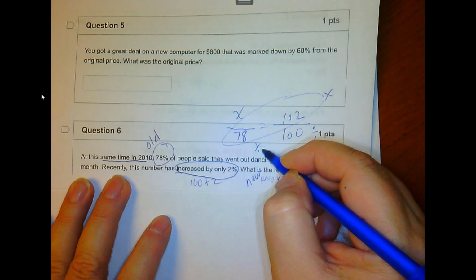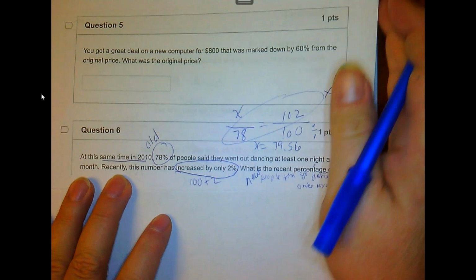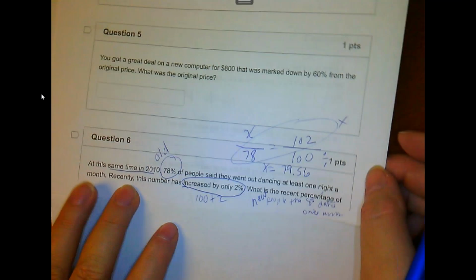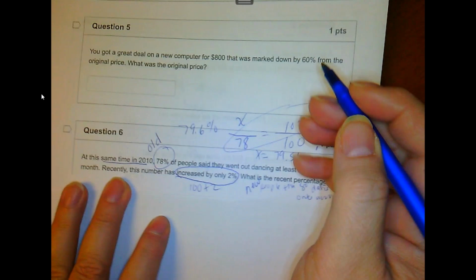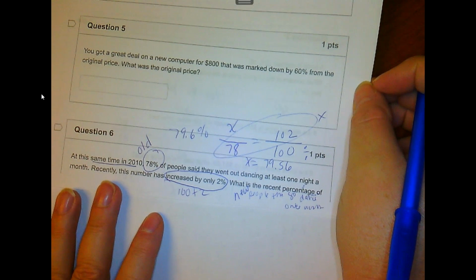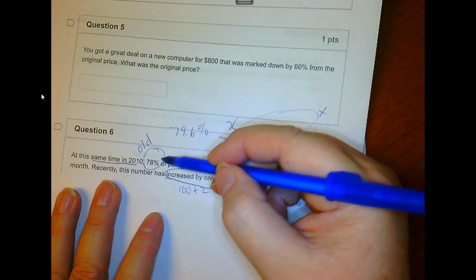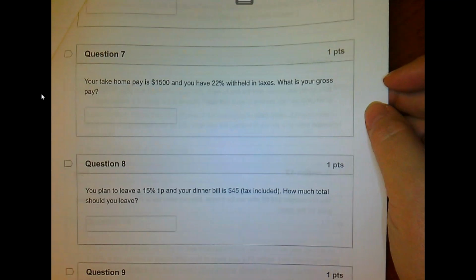And we're going to get, I don't know how they wanted that entered. It's probably on the back. 1/10 of a percent. 79.6. Okay. You have to be careful when your data is in percents. Okay.